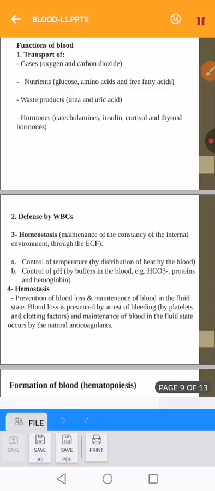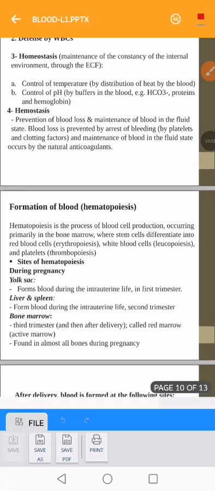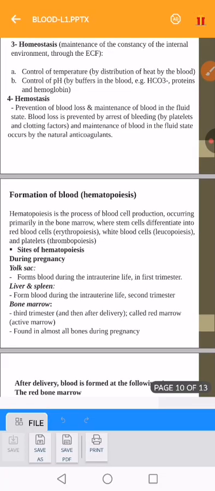So these are the functions of the blood: transport, defense by the WBCs, homeostasis, and hemostasis. So how is this blood formed? The mechanism of formation of the blood is called hematopoiesis.